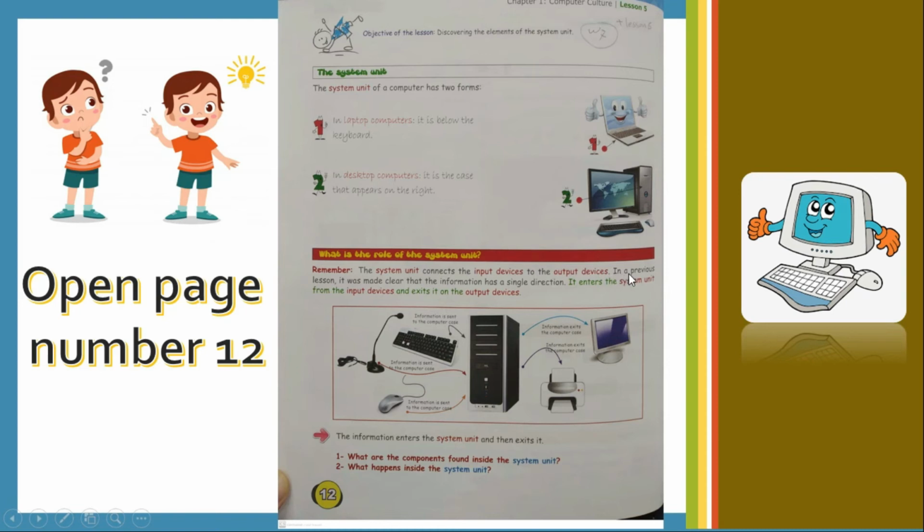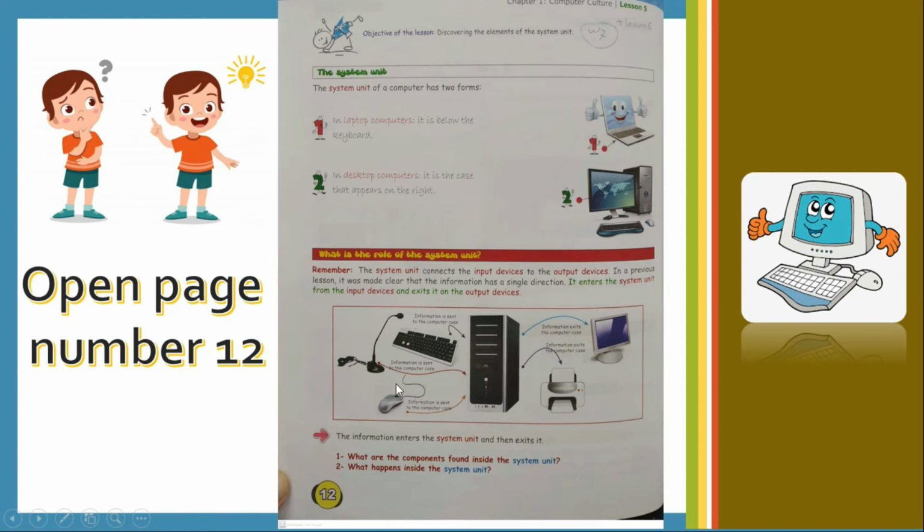In the previous lesson it was made clear that information has a single direction. Yes, this is the direction of the information. Information enters from the keyboard to the system unit and goes out to the screen. Information enters from the microphone, enters the system unit and goes out to the speakers or headphones.